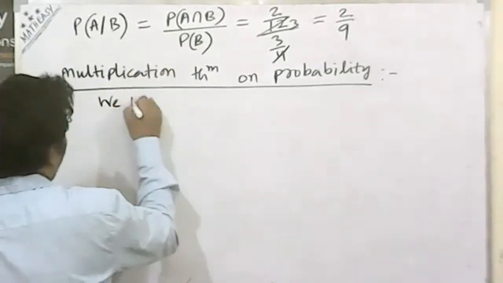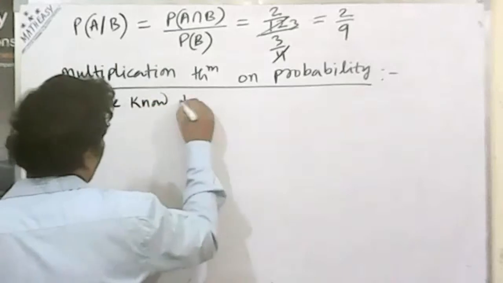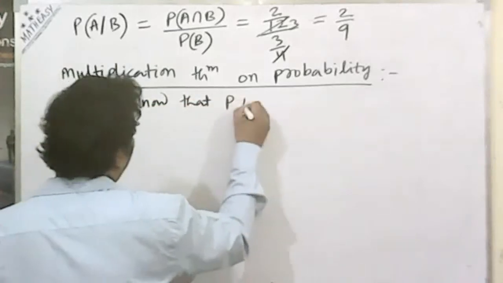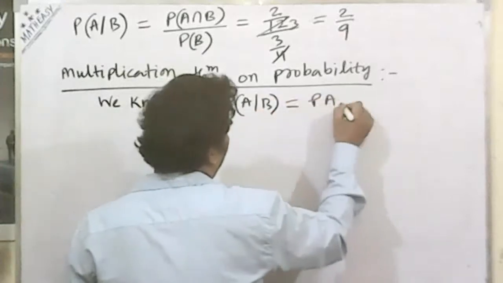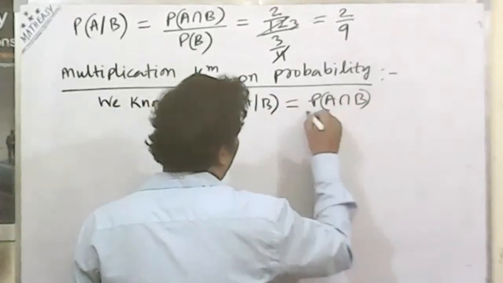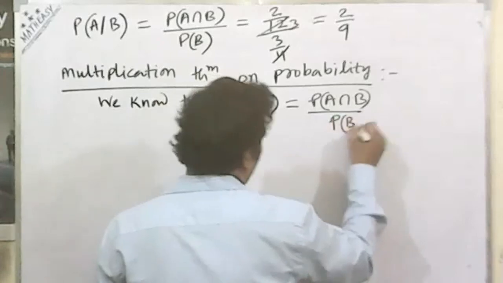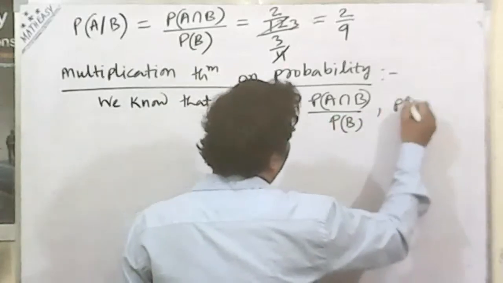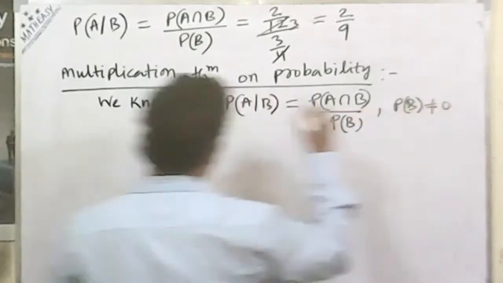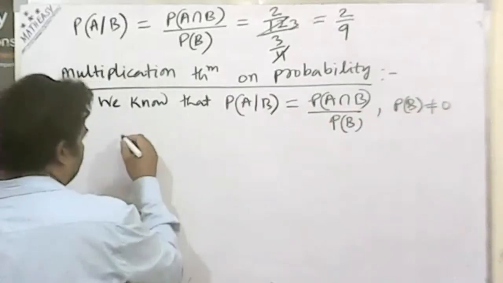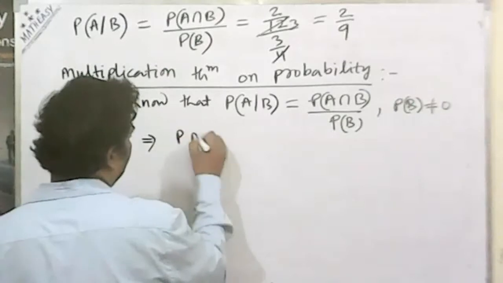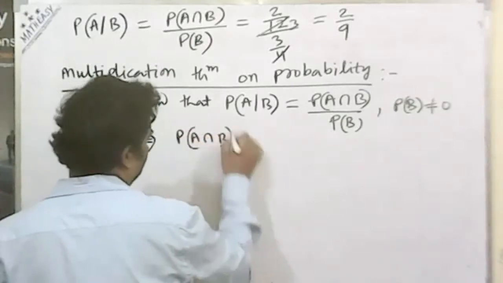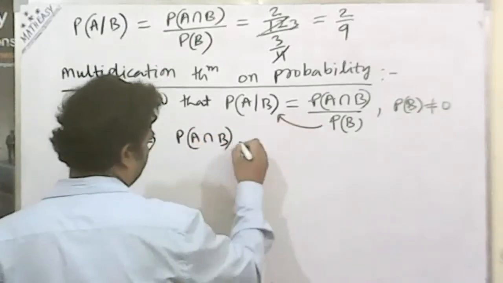We know that probability of A given B is equal to probability A intersection B by probability B, provided probability B is not equal to 0. Here probability A intersection B goes to this side.